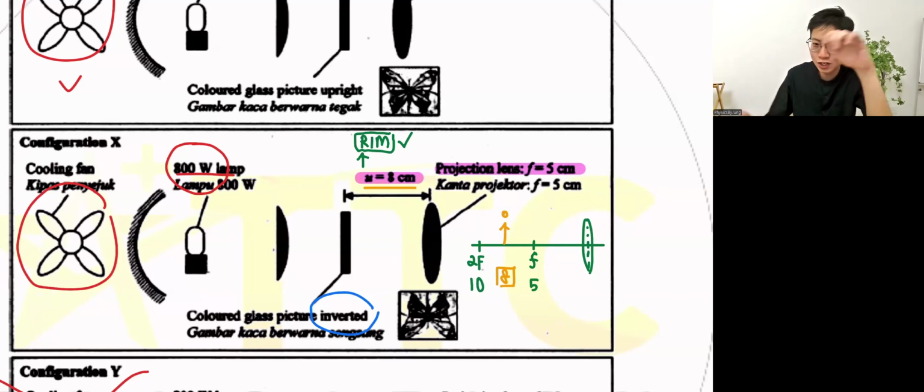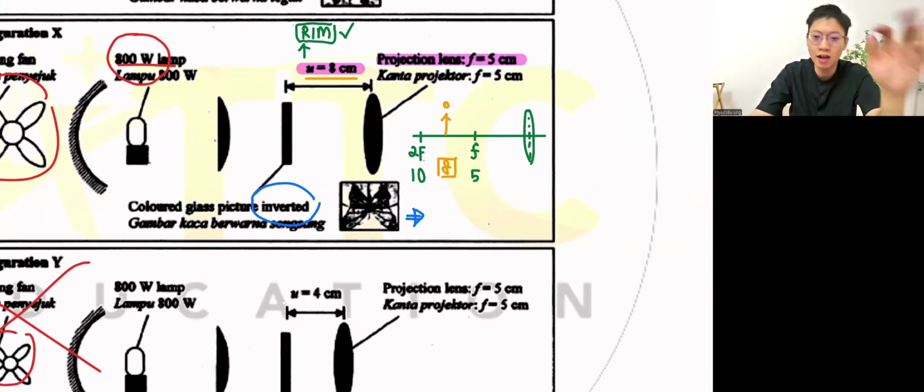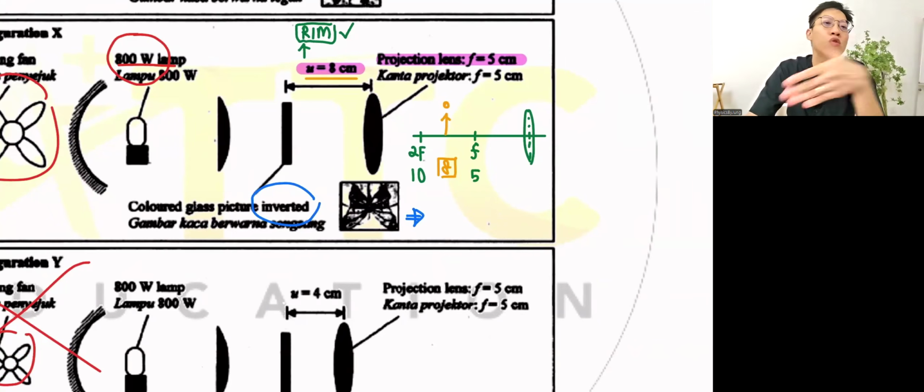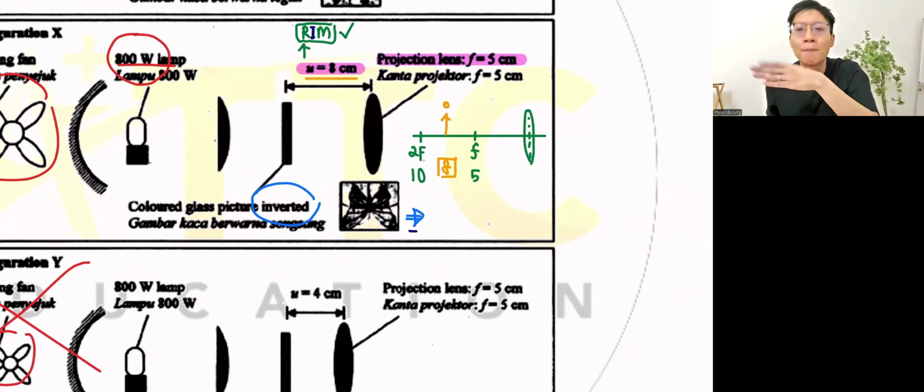Understand? So how are we going to write this? The way to explain is very, very technical. You cannot just say, so that the picture is upright. Later your teacher will argue, here you say inverted, here you say upright. So you don't write that.